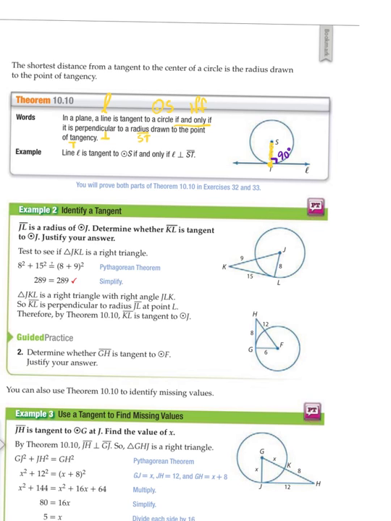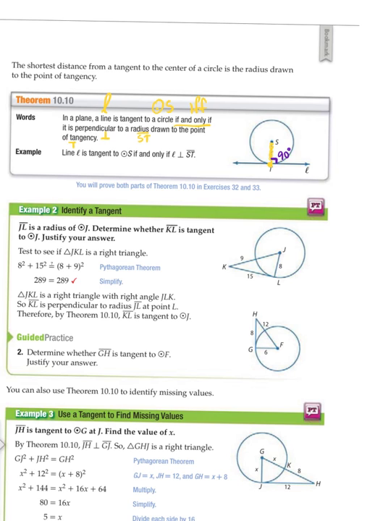So that's possible, but we also know that if we put an extension in here, if we put an extension from S out to a point somewhere on L, then we know that we can create a right triangle. Now, what I'm calling your attention to is a circle like that in example 2, where it says identify a tangent.